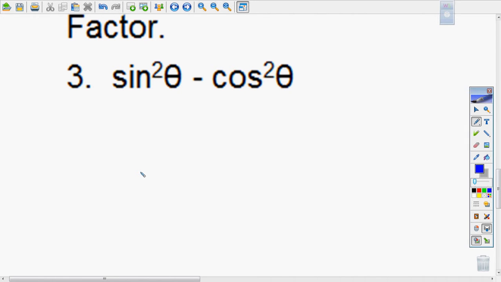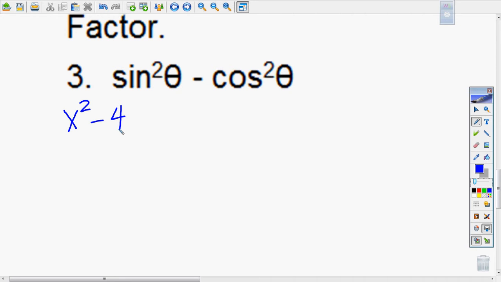So if I have sine squared minus cosine squared, I look at this and it looks kind of familiar. Well, what does it look like? In Algebra 1, if I saw a problem that said x squared minus 4, how can I factor that? Well, this is a perfect square, this is a perfect square, and I'm finding their difference.